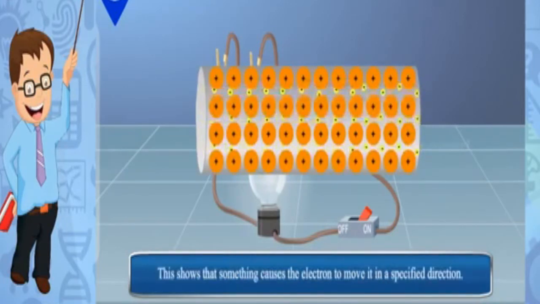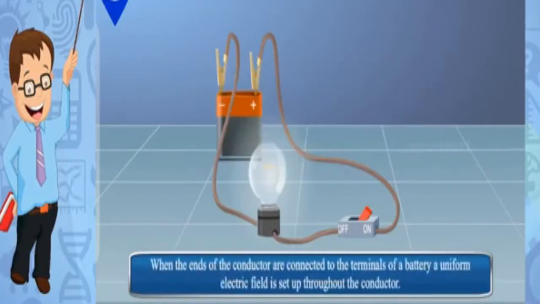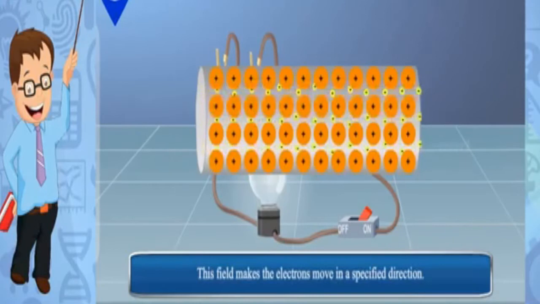This shows that something causes the electrons to move in a specified direction. When the ends of the conductor are connected to the terminals of a battery, a uniform electric field is set up throughout the conductor. This field makes the electrons move in a specified direction.